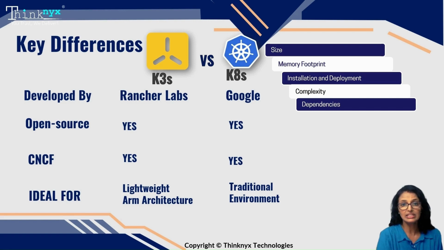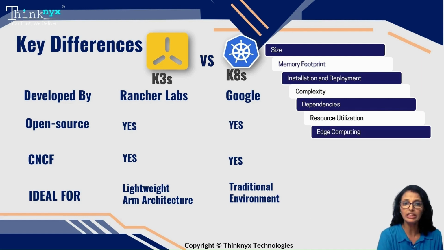K8s is designed for large-scale deployments and can efficiently utilize extensive resources, whereas K3s optimizes resource usage and is better suited for small-scale or resource-constrained environments.